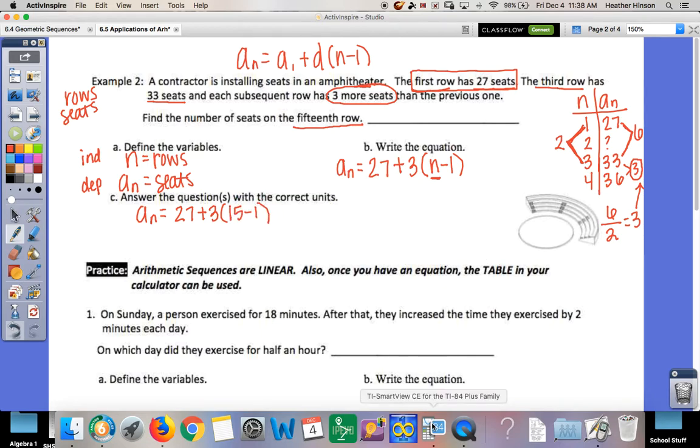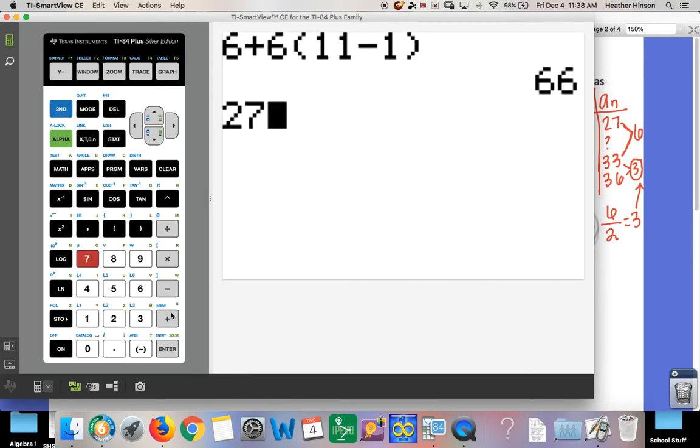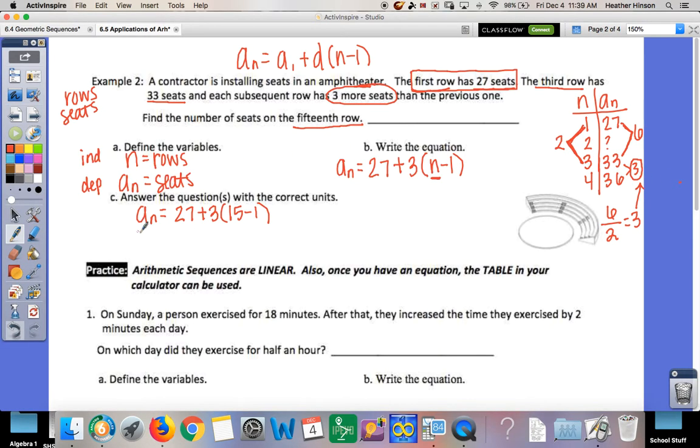And then these we can plug in our calculator. 27 plus 3 times 15 minus 1. And we get 69. So what does that mean with correct units? a sub n is what? It's seats. So on the 15th row, we're going to have 69 seats. Perfect.